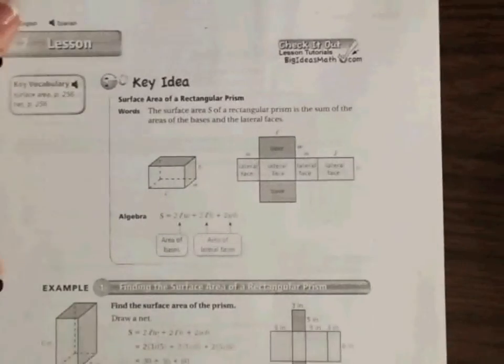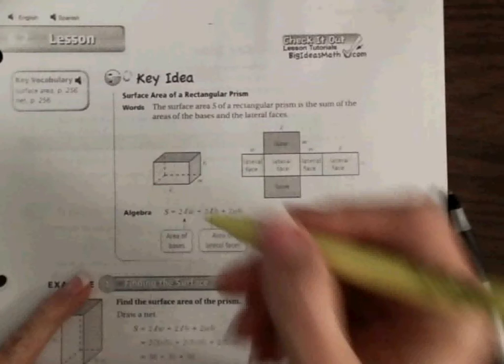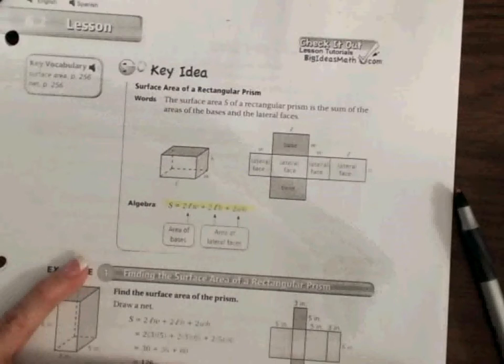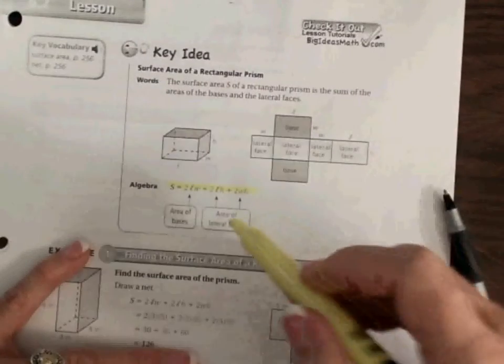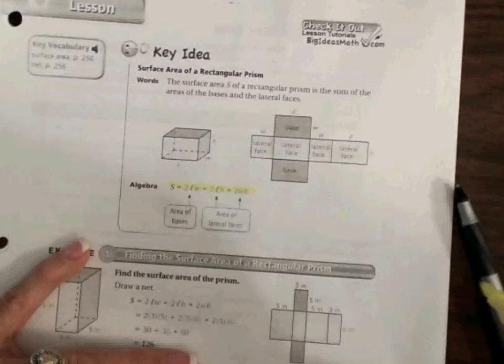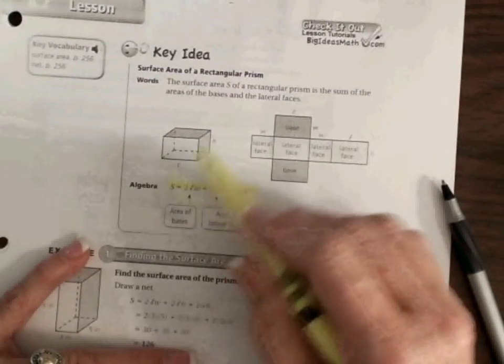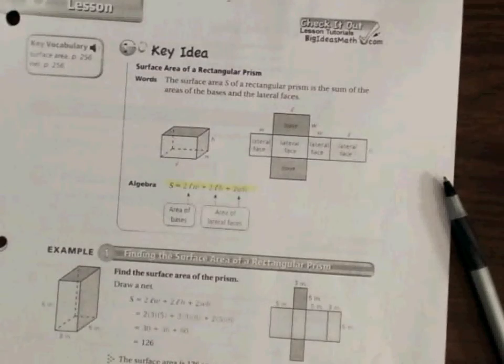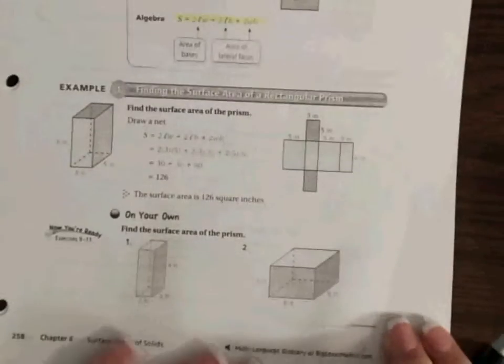Okay, let's move on. This kind of gives you a formula here that you can figure out. It shows you length, width, and height, and so you can look at a prism and plug in your formula there. It gives you an example down here.